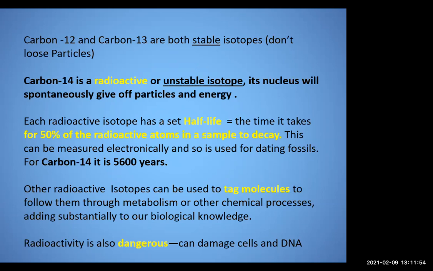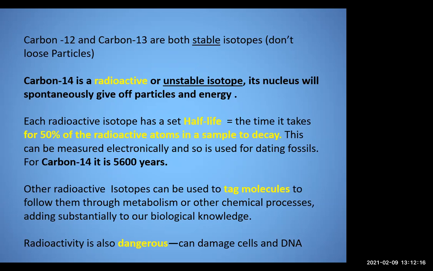It's an element we can use to date things, because as things are alive, they take in carbon-14. When they die, they do not take in any more carbon-14. So the carbon-14 that they have begins to decay, and it decays in what is called a half-life.